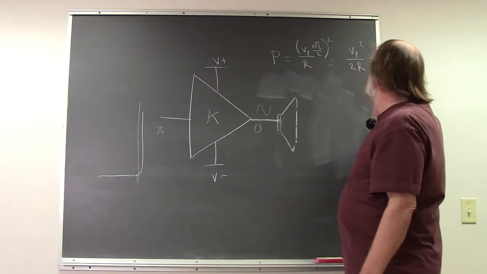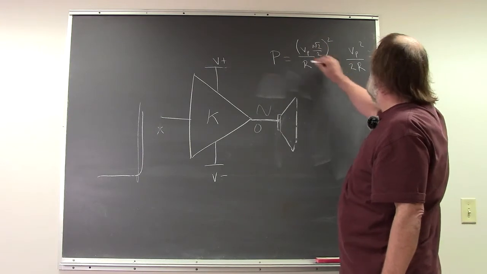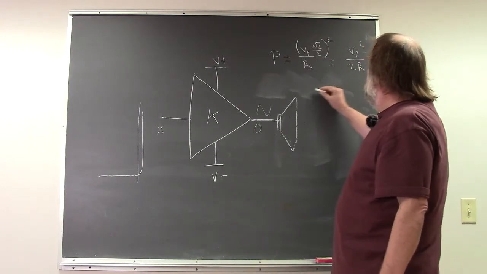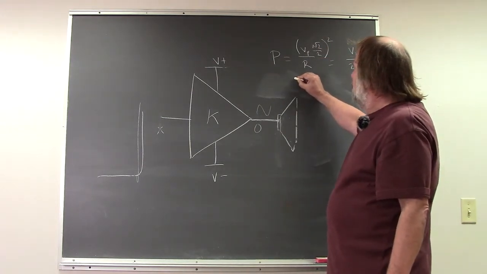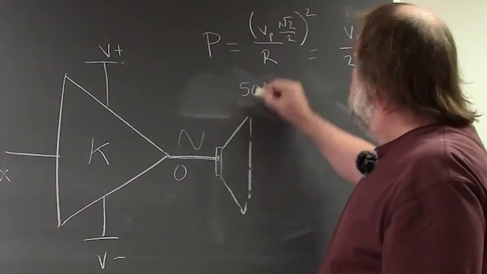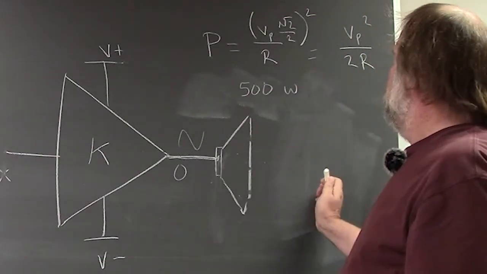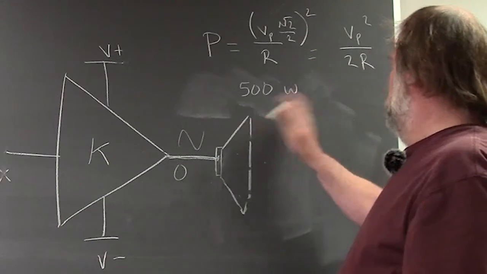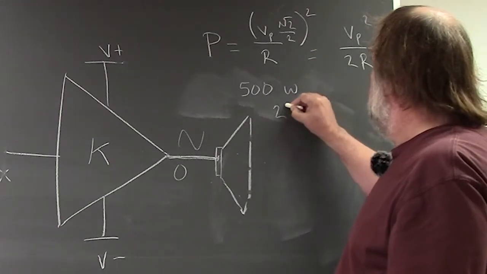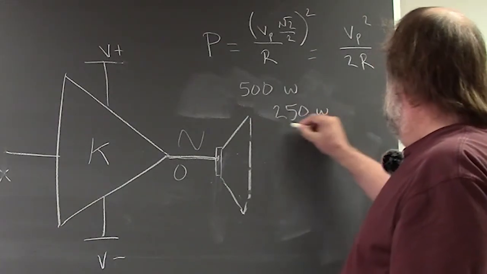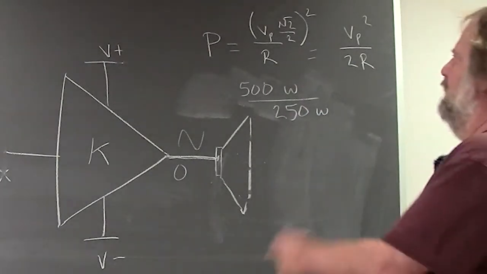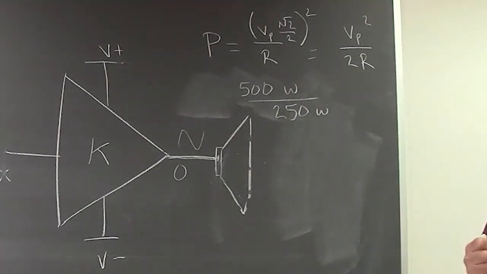The second thing to consider, if you look back at my equation up here, is that if I have an amplifier that's rated at 500 watts, and we'll say it's an ideal amplifier, into some impedance, and at the same impedance I can get an amplifier that's 250 watts, you say, oh, well, 500 is definitely a lot bigger than 250.